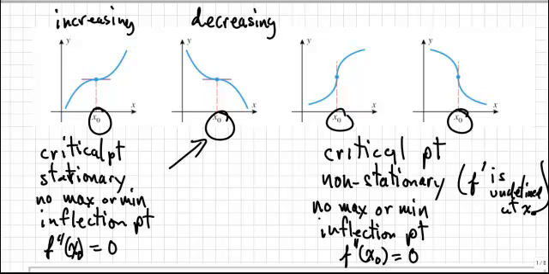Now these are critical points. Look to the left. These are stationary critical points, right? You get a horizontal tangent line at that point. But you're not going to get a relative min or a relative max at that point. Why not? Because your function's increasing up to that point, but after that point, it continues to increase.